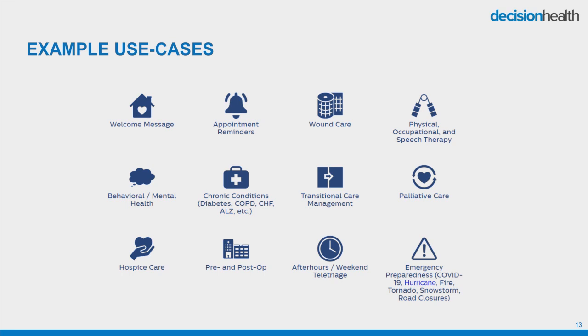What Concierge has been able to do is send out messages to their census immediately, all at once, informing them a hurricane is approaching or in the forecast, and reminding them to make sure they have their medications on hand, food on hand, etc. And this helps them efficiently use their man hours. What used to take hours for people to call every single patient by phone, now they can immediately inform them of what needs to happen.